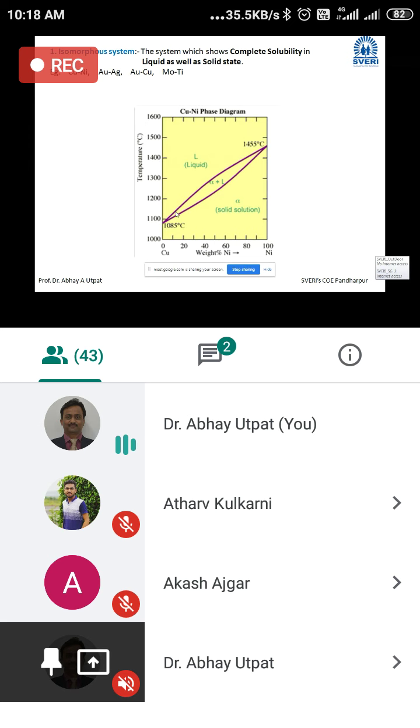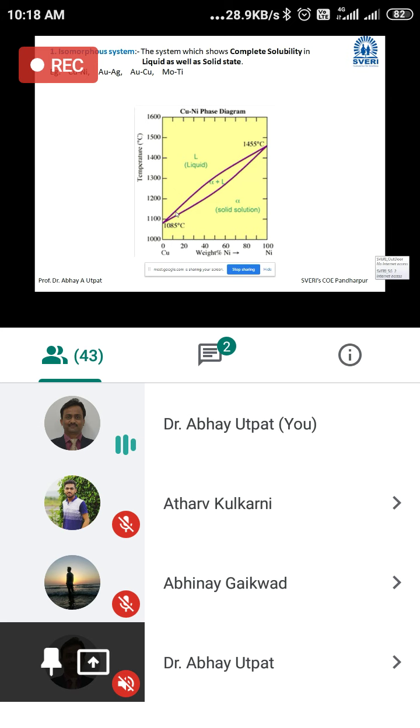Am I audible clearly? For example, see what trick the goldsmith is playing. This isomorphous system is the beauty for the goldsmith. He can add any amount of copper in your gold to decrease the purity of gold.